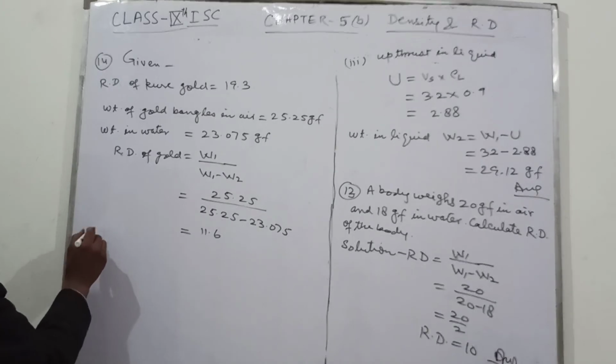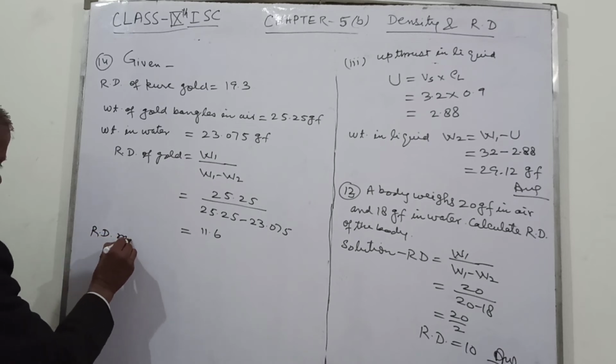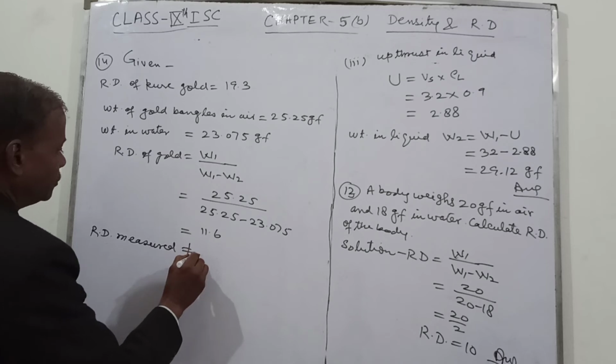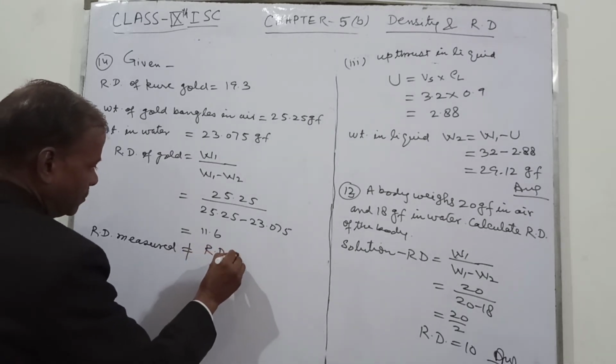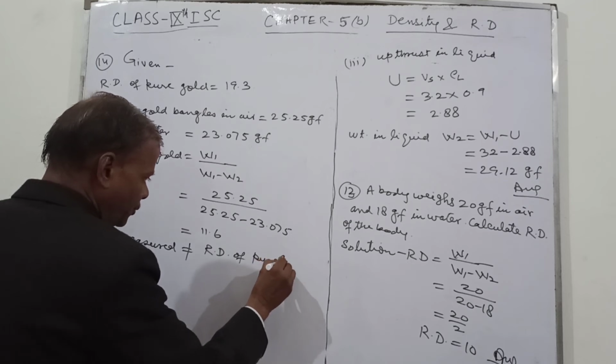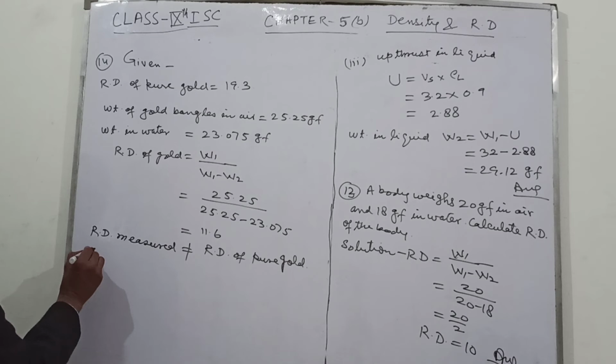So RD measured is not equal to RD of pure gold. So bangles are not made of pure gold.